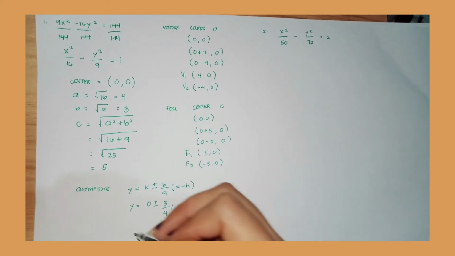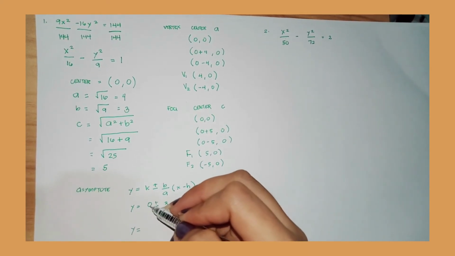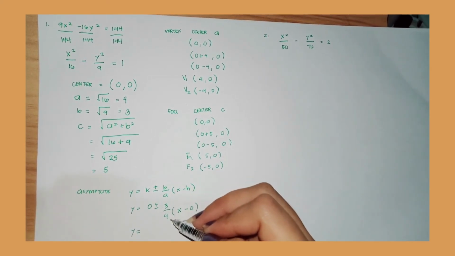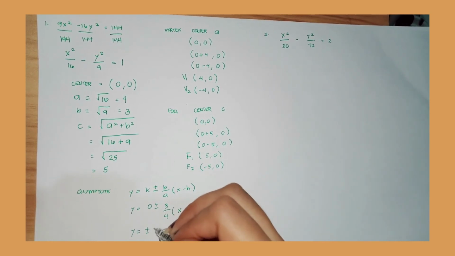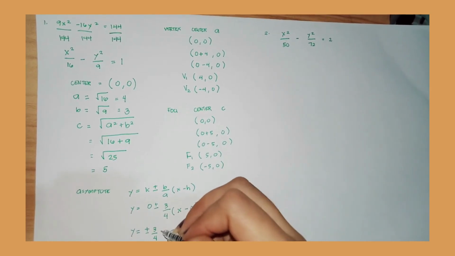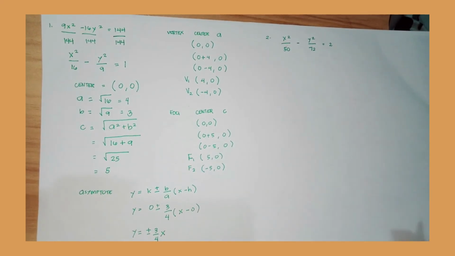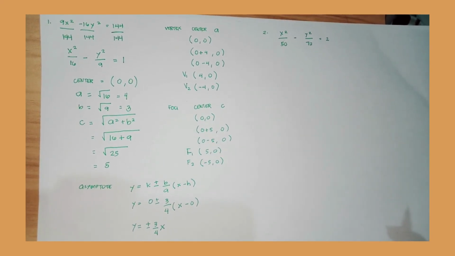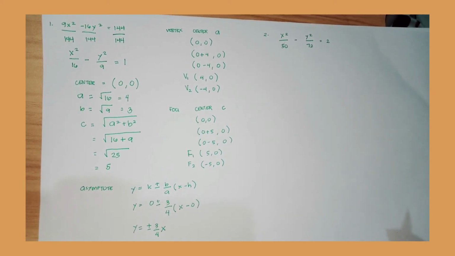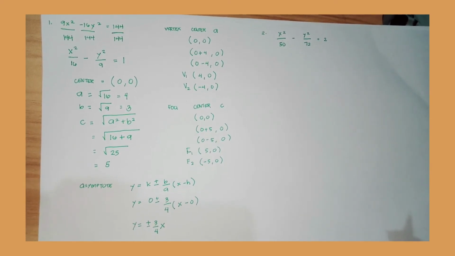Simplify: y equals 0 plus or minus 3/4, that is just plus or minus 3/4. Then x minus 0, that is just x. So this will be our asymptote, y equals plus or minus 3/4 x.